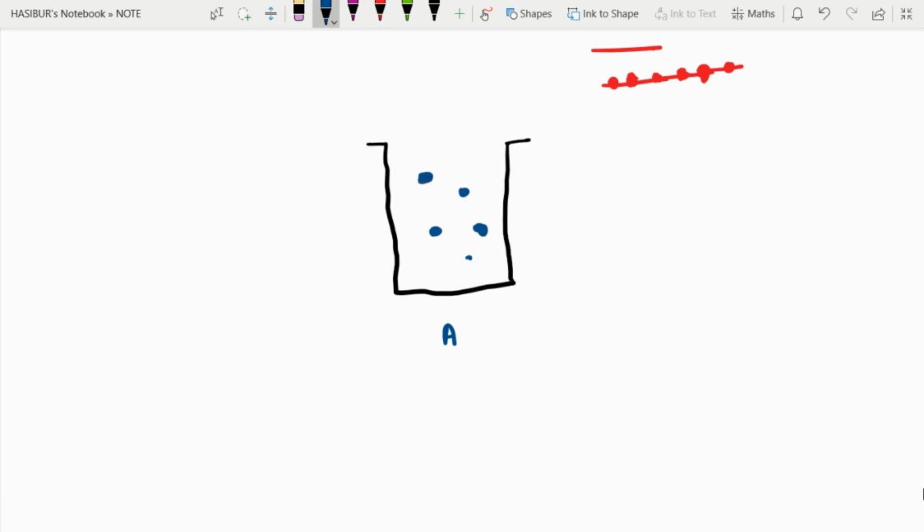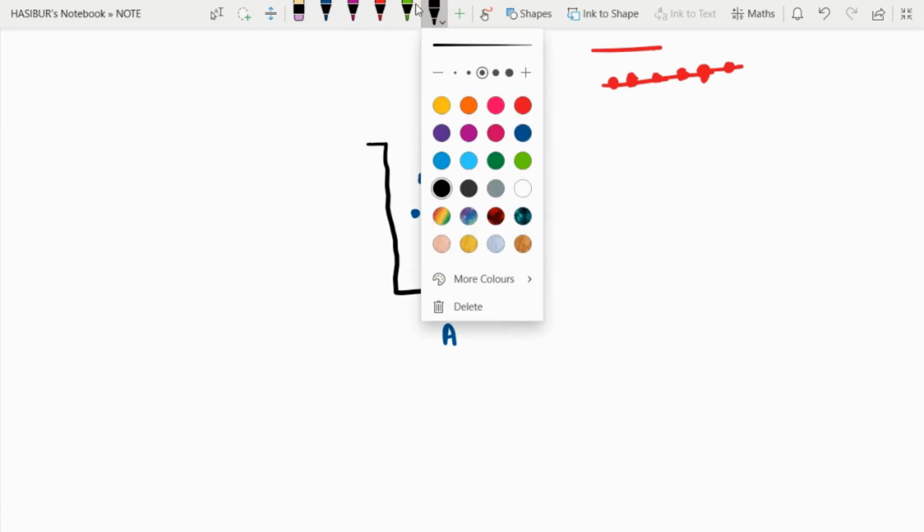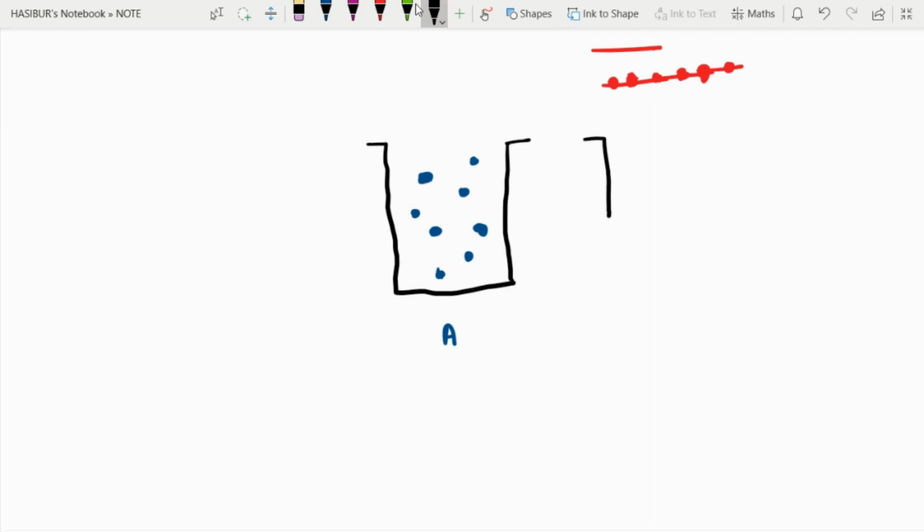And let's take another box, B, which has bosons inside it. Let's take the same number of particles.